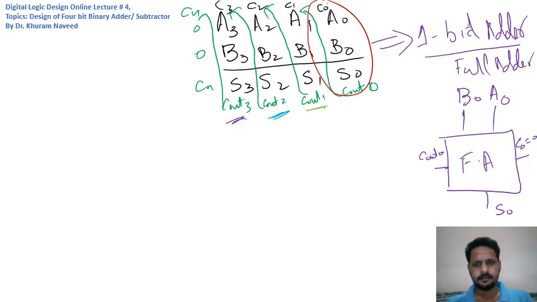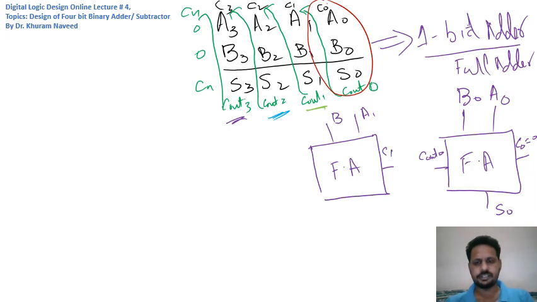Okay, and then to perform the next addition, we will use another full adder that has the input A1, B1, and it requires the third input, that is carry C1 or C in 1, the carry in for this adder.